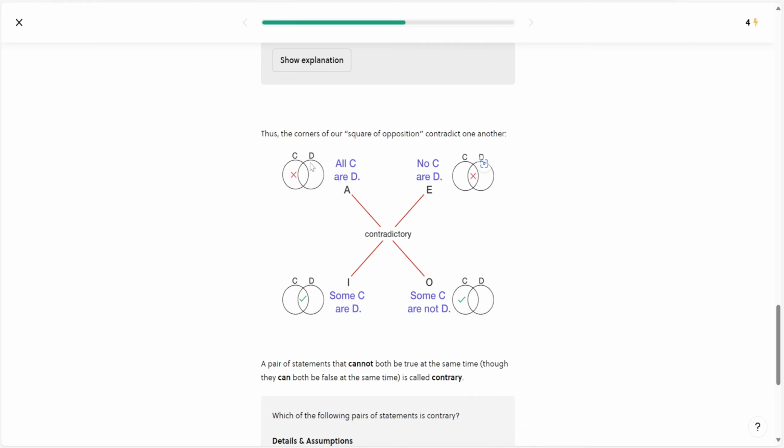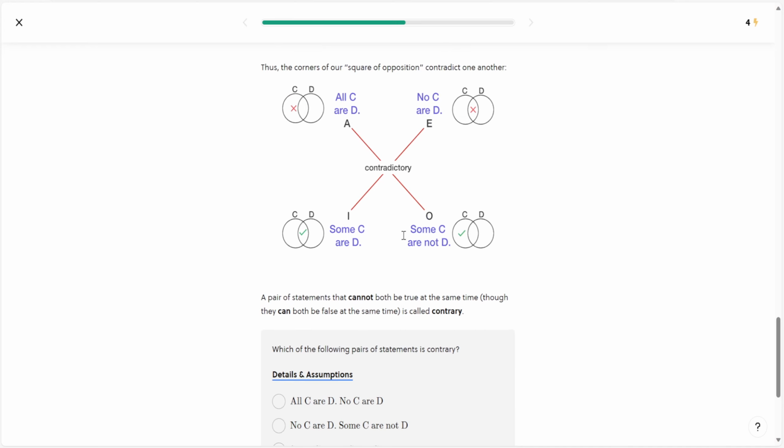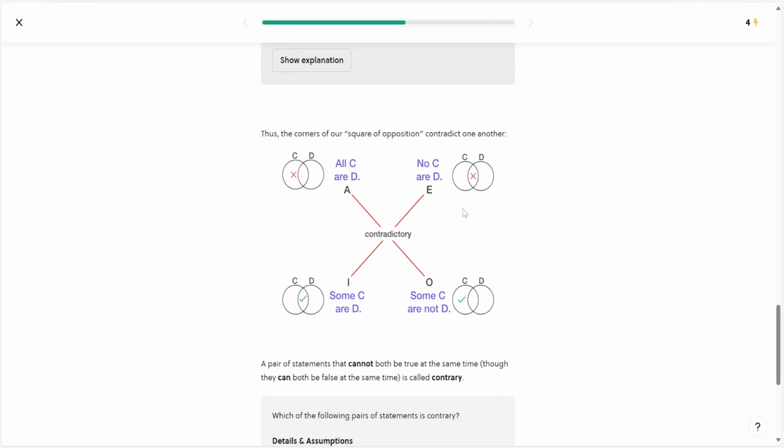All C are D. No C are D. So these two aren't the same. So A and E can't be true at the same time, but they can both be false at the same time. I think.